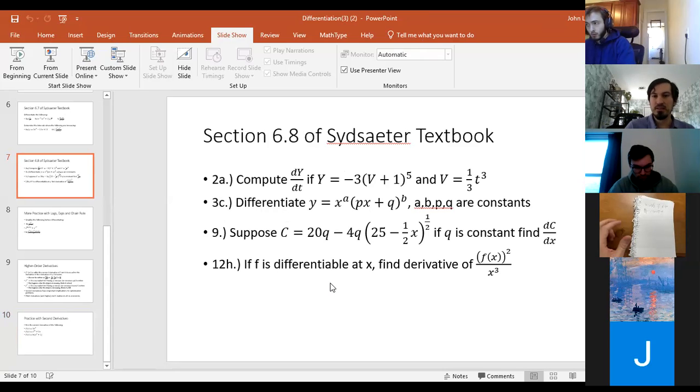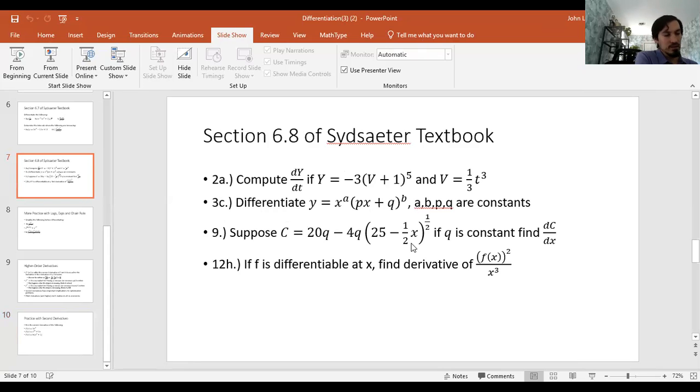Okay, let's pick some of these other ones to do. They're all maybe a little bit different, which is why I selected them. I'm going to write them all down. x to the a times (px plus q) to the b power. That's one of them.